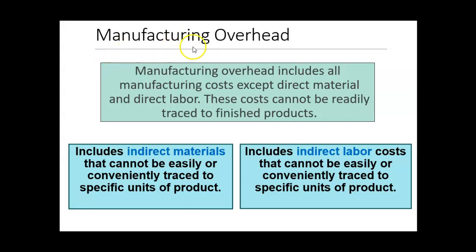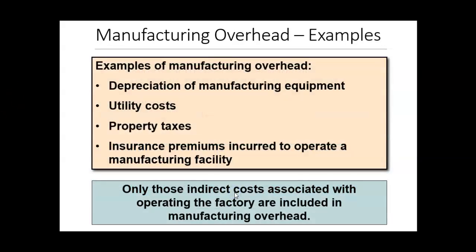So when you think about manufacturing overhead, it consists of indirect materials, indirect labor, and any other manufacturing costs except for direct labor and direct material.